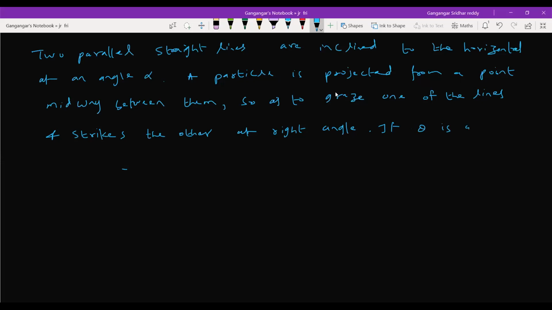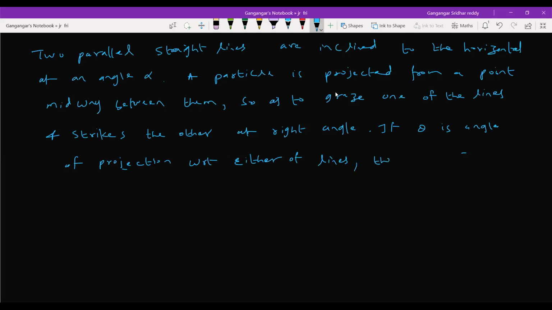if theta is the angle of projection with respect to either of the lines, and alpha be the, alpha is already given, no?